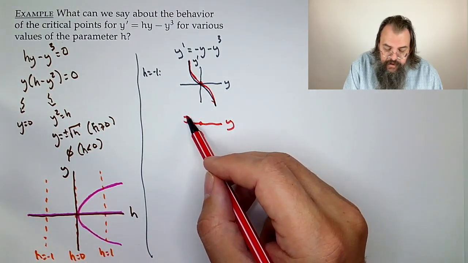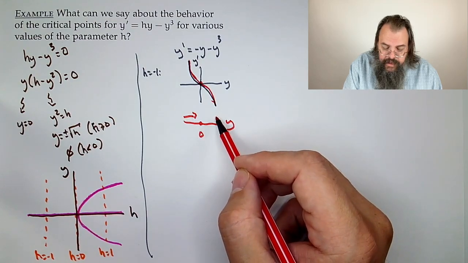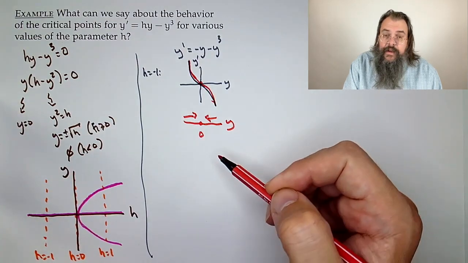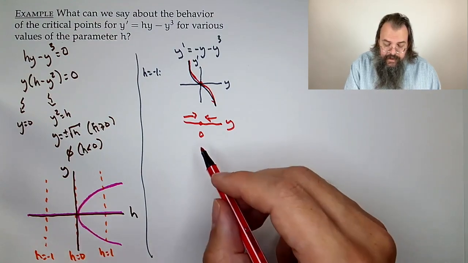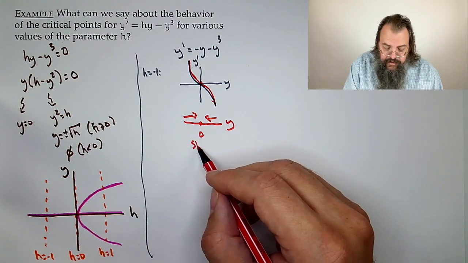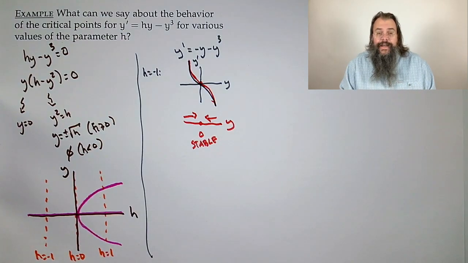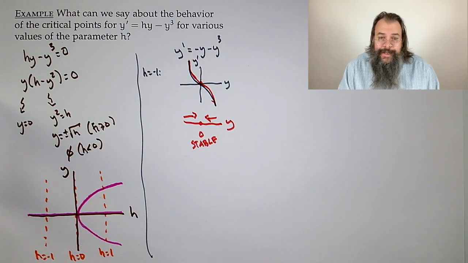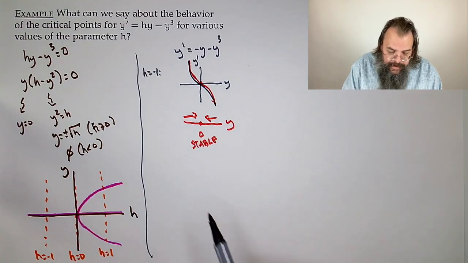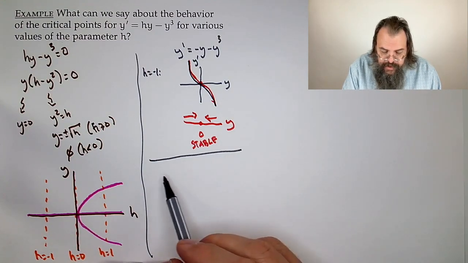So positive means we move up. Negative means we move down. So what can we say about 0? Well, what we can say is that 0 is stable. All right, so that's what's happening when we look at h equals -1. Okay, well, how about h equals 0?